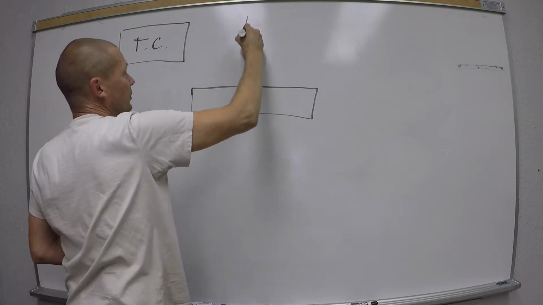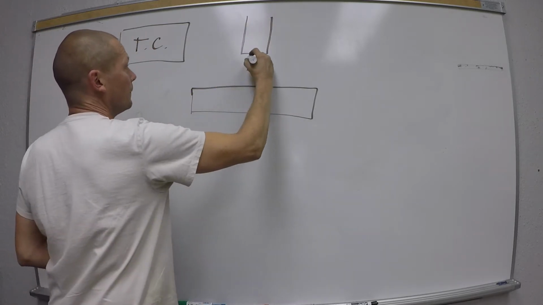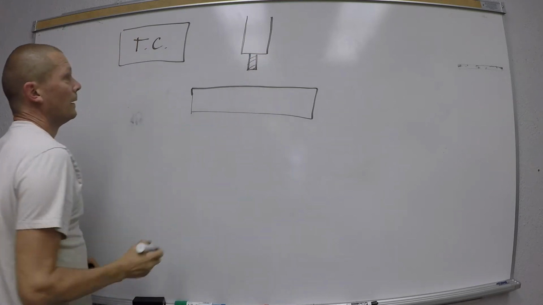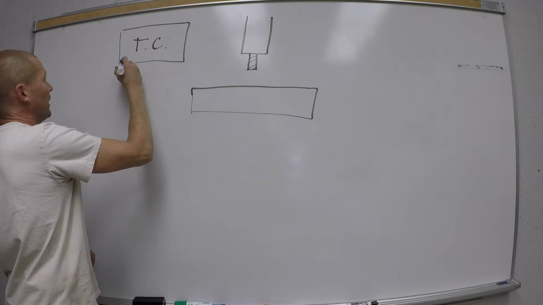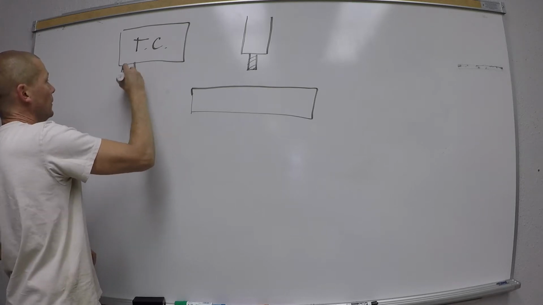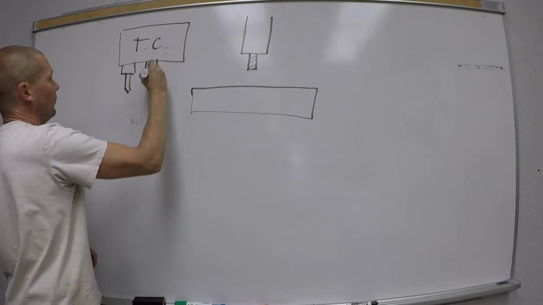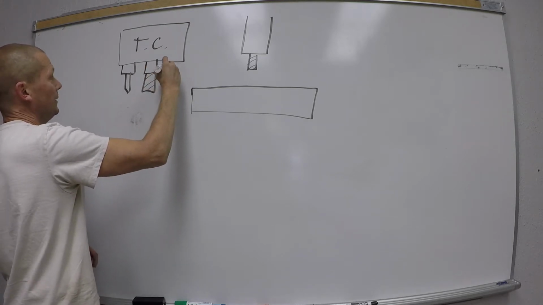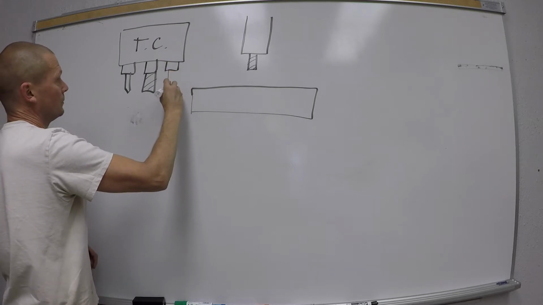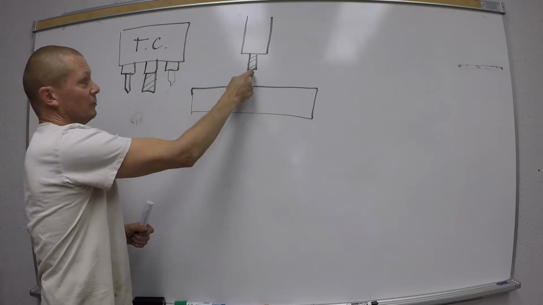And here's our spindle with our tool in it. Let's say we've got 4 tools in here. We've got a drill, a center drill, and a couple of different size end mills. Okay? And here's a different size end mill.